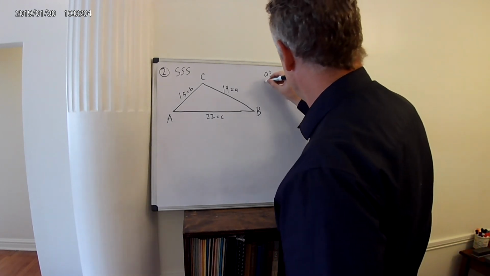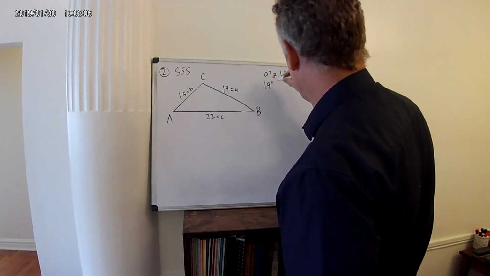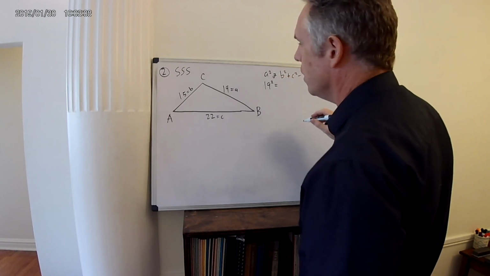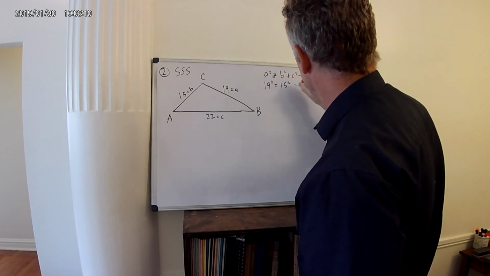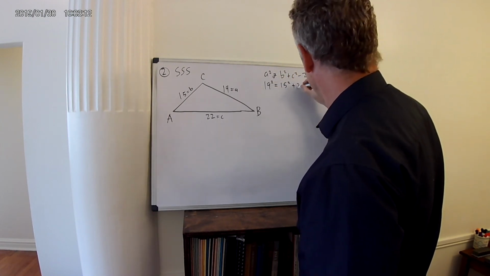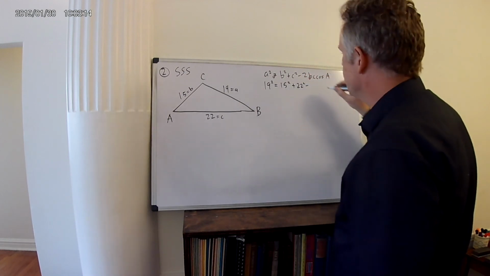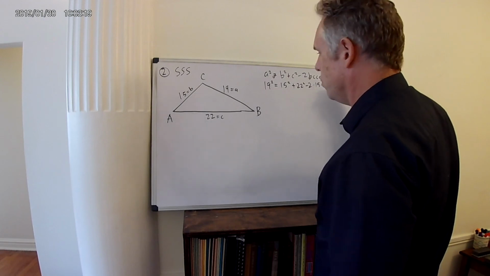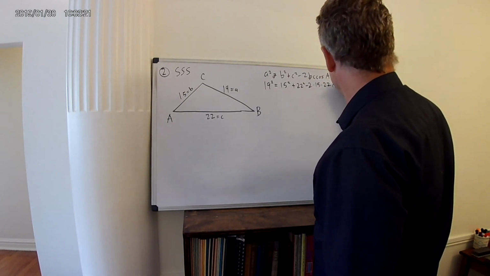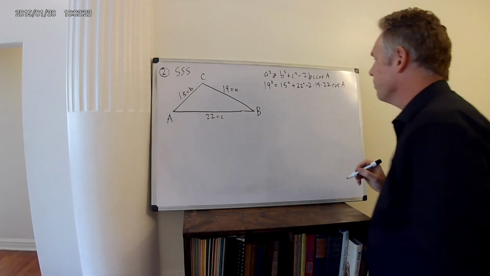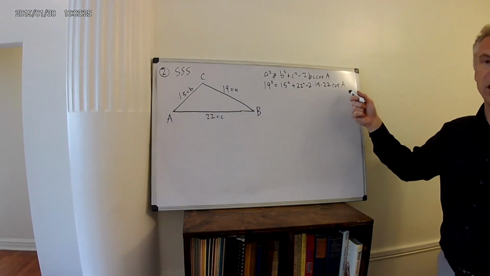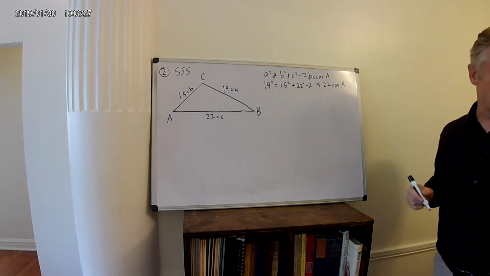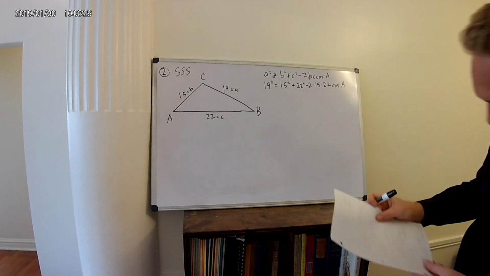So a is 19, so I get 19 squared equals b squared, which is 15 squared, plus c squared, which is 22 squared, minus 2 times 15 times 22 times the cosine of angle A. Okay, now the good news here is I have one unknown here, angle A, and so I can solve this triangle. So let's start squaring things out.